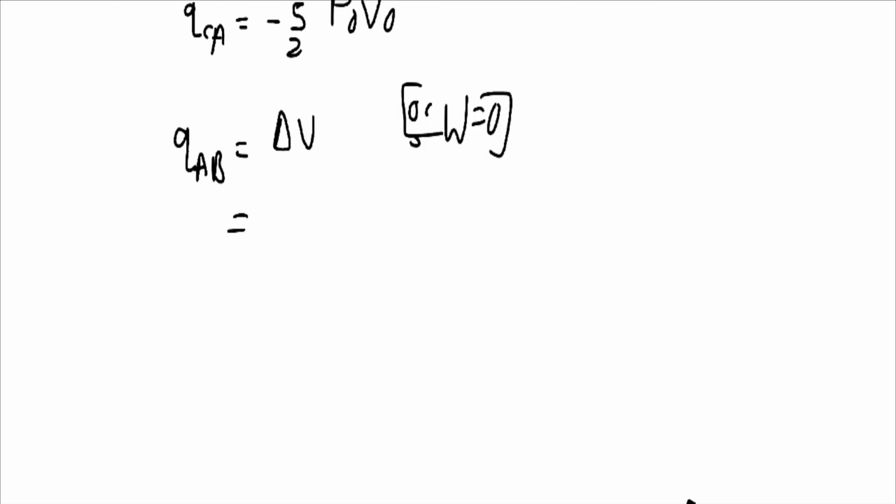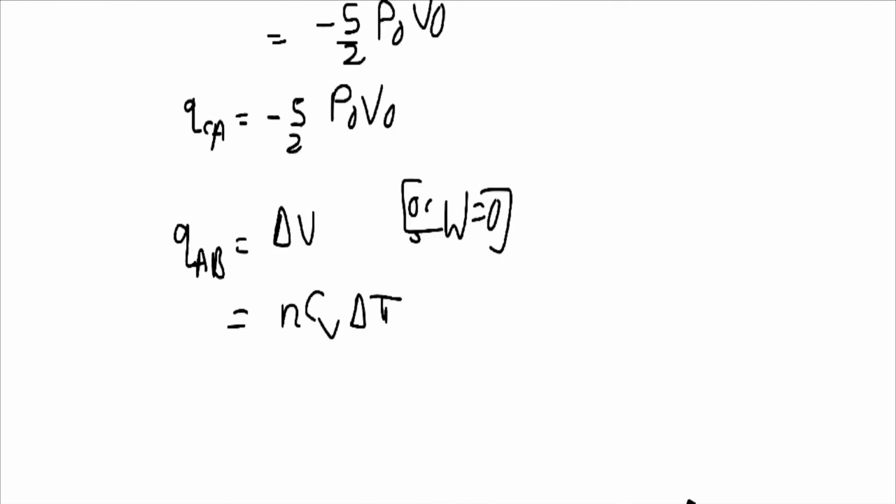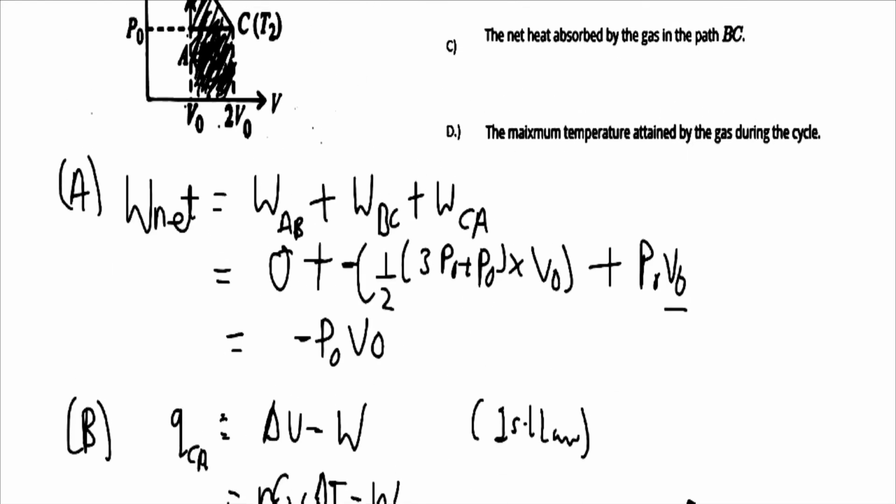And delta U is n Cv times the change in temperature. And as we move from A to B, the temperature varies from T1 to T2. So n is 1, Cv is 3 by 2 R for a monoatomic ideal gas, and delta T is T1 minus T2. And if you see at temperature T1, here the pressure is P naught and the volume is V naught.